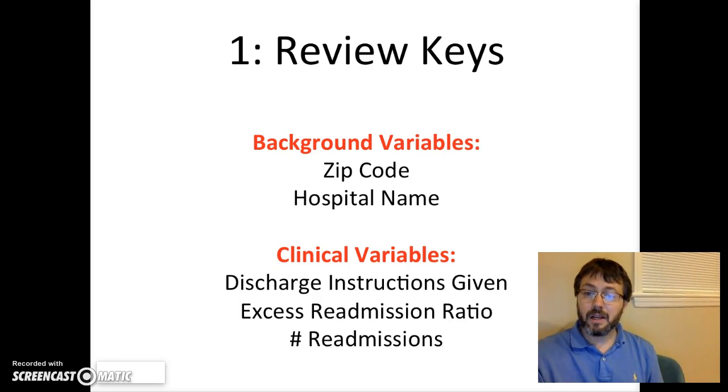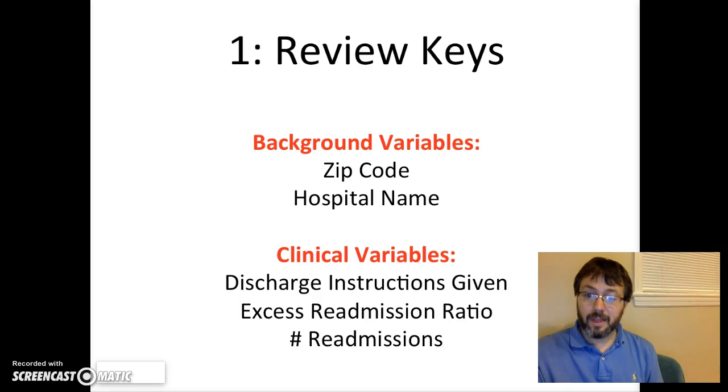So we're going to take a look at several key variables in regards to the practice questions we're looking at, both background variables like zip code and hospital name, as well as the specific clinical variables like whether or not discharge instructions are given and what the excess readmission ratio is for that disease process.